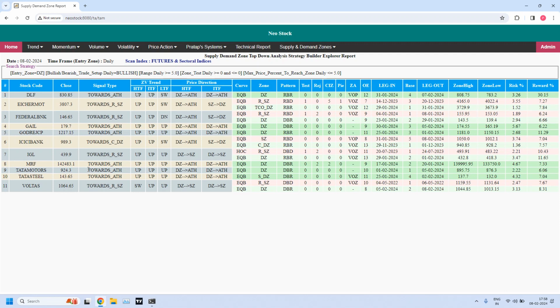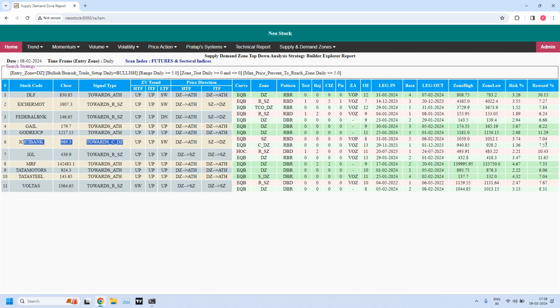Here within the 5% level, one stock is moving towards the demand zone at lower time frame. That is ICICI Bank. Currently this price is traveling from daily supply zone to daily demand zone. So you have to keep an eye on ICICI Bank.